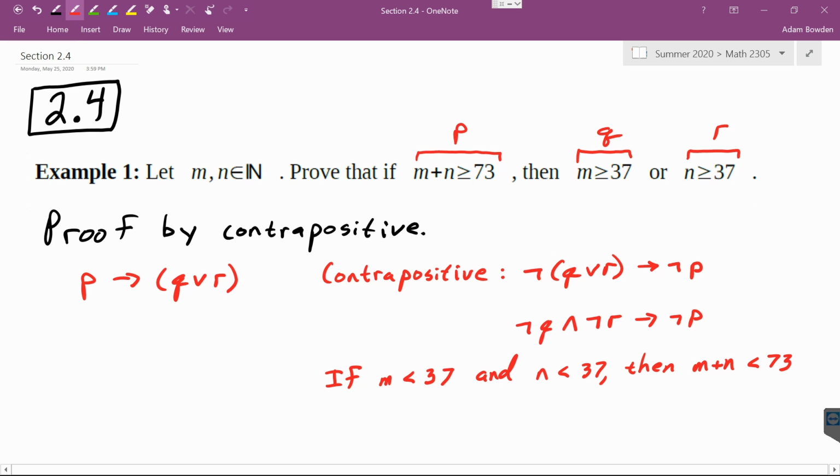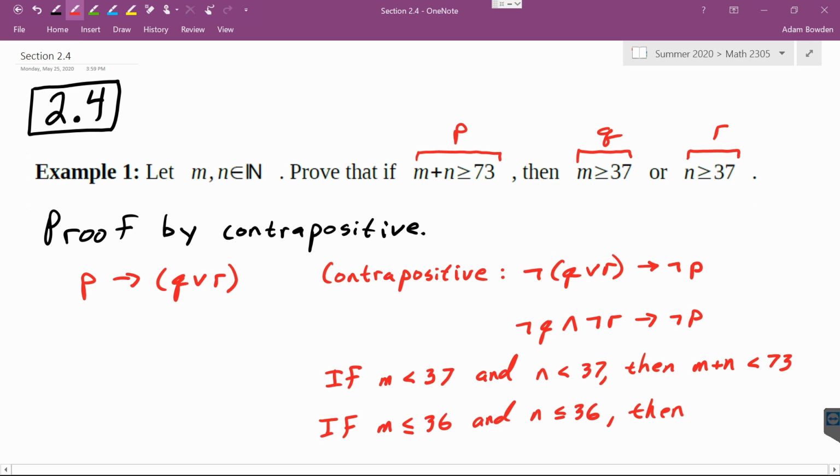To make this a little easier on ourselves, rather than say less than 37, I'm going to say less than or equal to 36. Would y'all think that would be the same thing as saying less than 37? We can say that the next number down from 37 is 36, since we're not dealing with any in-betweens between the integers.